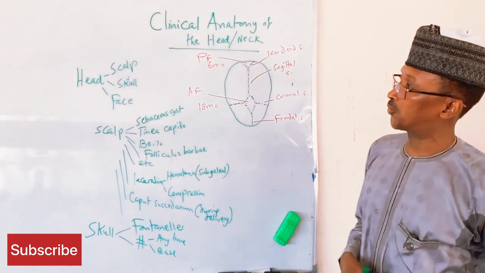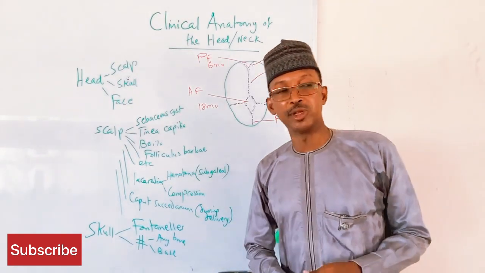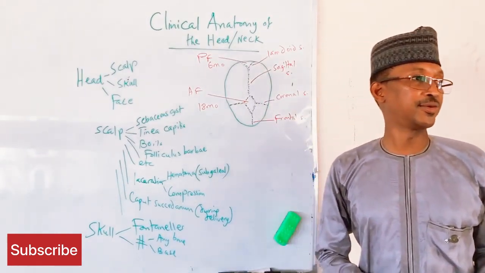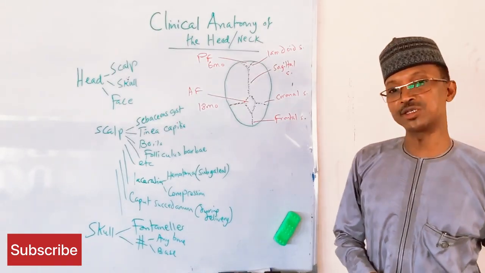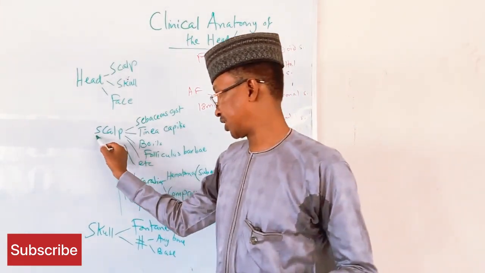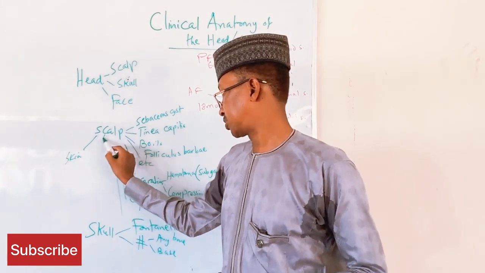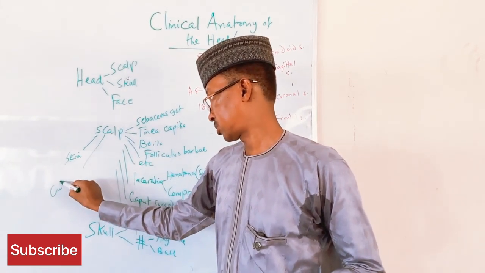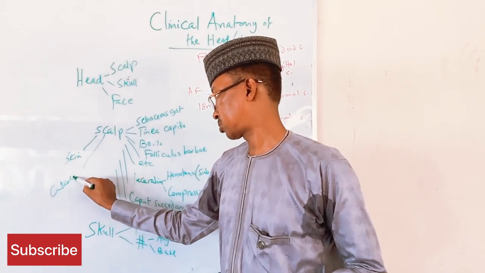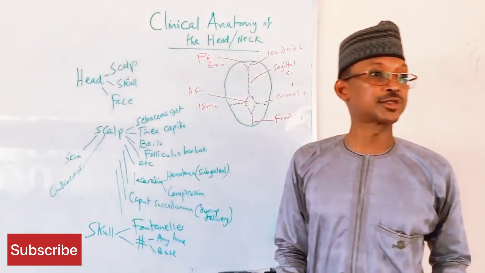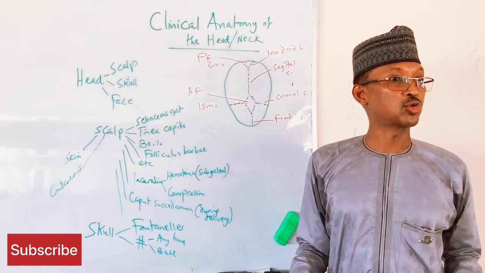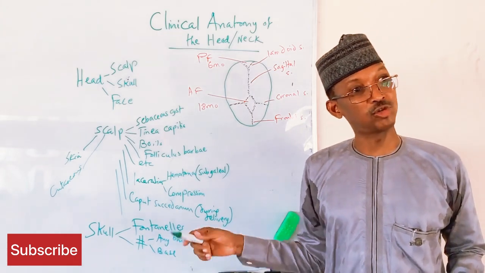So if we now take the scalp, you know the scalp has how many layers? 5 layers. You get it? This is the S for the skin, right? C for cutaneous connective tissue, right? Is it cutaneous or connective tissue?